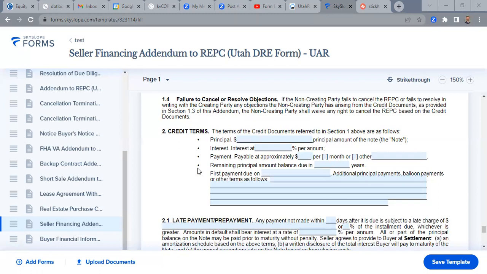That's up to you, and all of these are negotiable, but sometimes sellers will get a higher rate because they're like, hey, we're giving you a loan on a home when you cannot get a loan yourself. That's why buyers usually go this route, is for whatever reason, they cannot get a loan themselves.